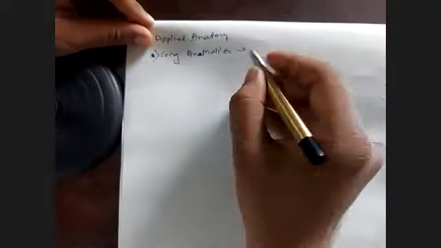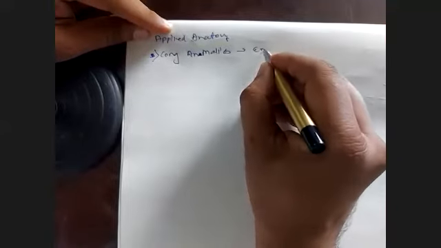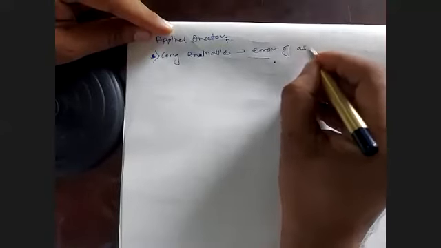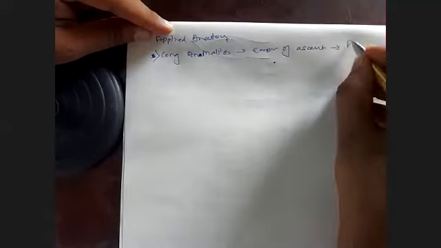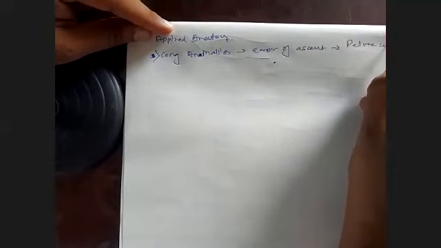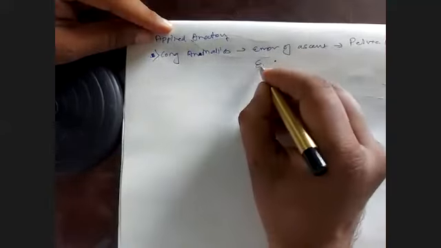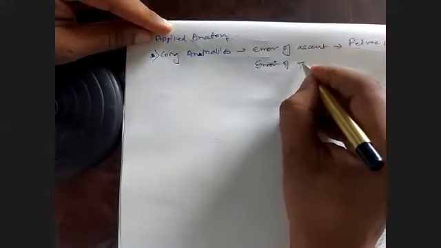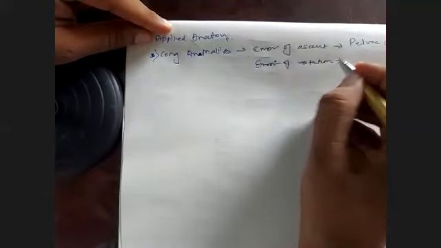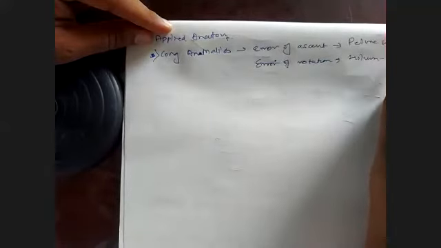So one is, you can write error of ascent. The kidney remains in the pelvis. So this is pelvic kidney. Then error of rotation. Sometimes there is excessive rotation, and the hilum faces anteriorly.